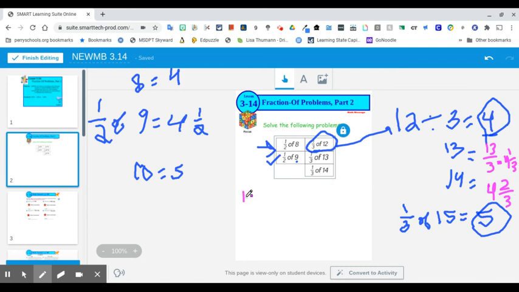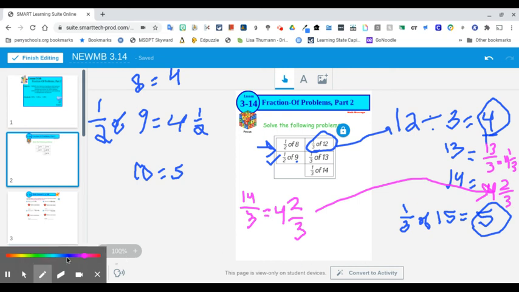We know that it'd be 14 thirds, or 14 divided by 3. I know that 3 can go into 14 4 times, and that's 12. That gives us 2 out of 3 left, which connects to what I said over here, 4 and 2/3.